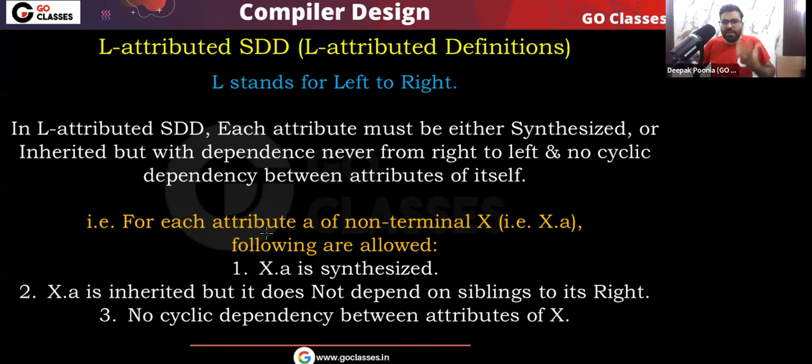You can depend on yourself, on all the left siblings, and on the parent, but you cannot depend on right siblings. This is called L attributed SDD.